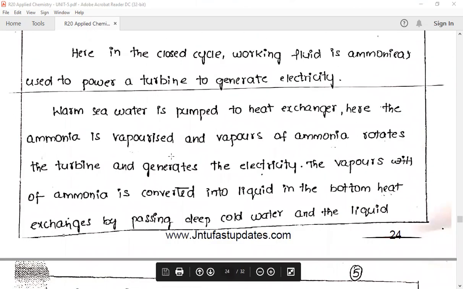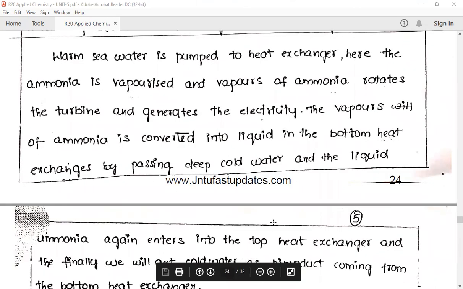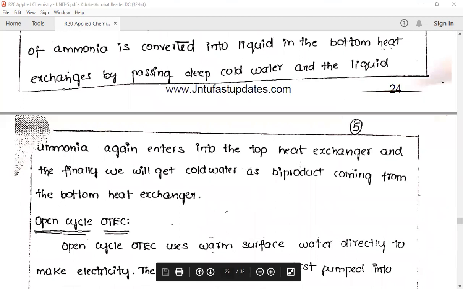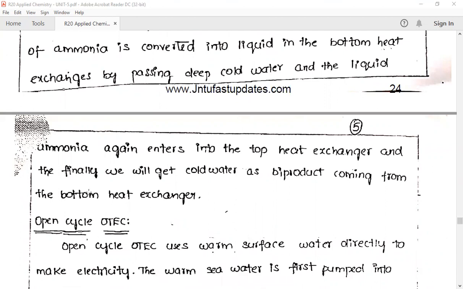Here the ammonia is vaporized and the vapors of ammonia rotate the turbine and generate the electricity. The vapor of ammonia is converted into liquid in the bottom heat exchanger by passing the deep cold water, and the liquid ammonia again enters the top heat exchanger, and finally we get cold water as a byproduct coming from the bottom of the heat exchanger.